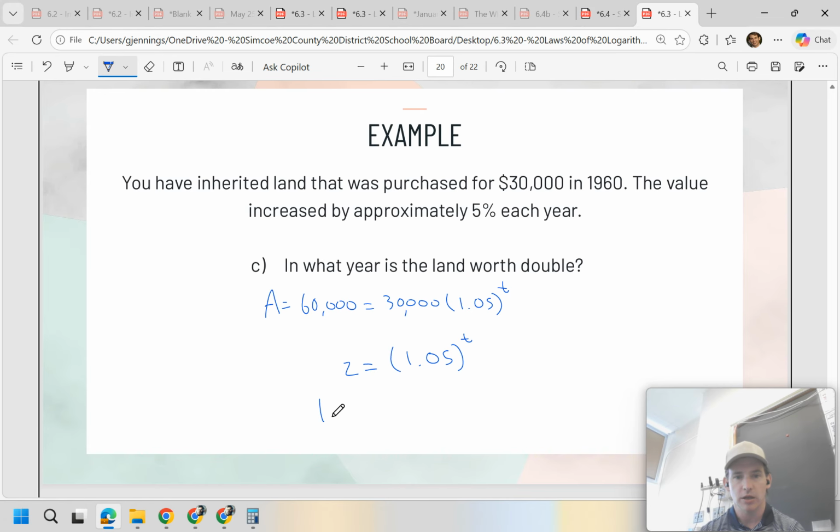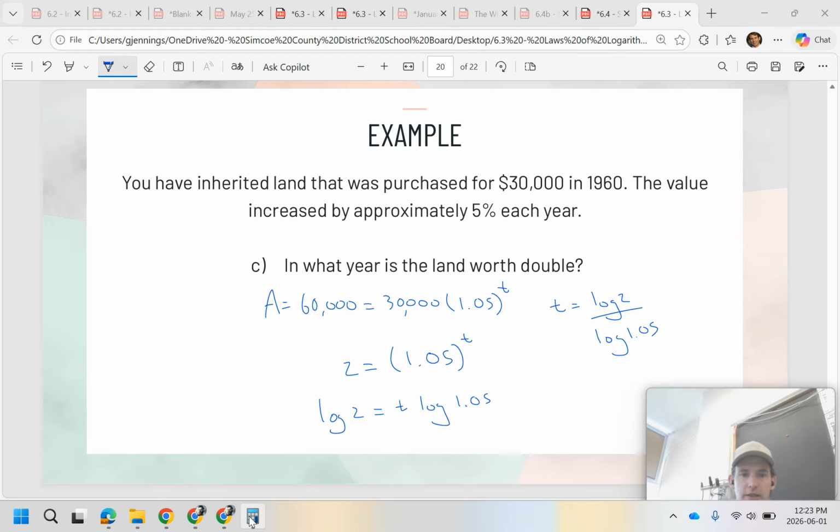So we take the log of both sides. Log 2 equals log of 1.05 to the t. You'll forgive me for not writing the t up there. I apply the power rule, and so then I get t is equal to log 2 over log 1.05.